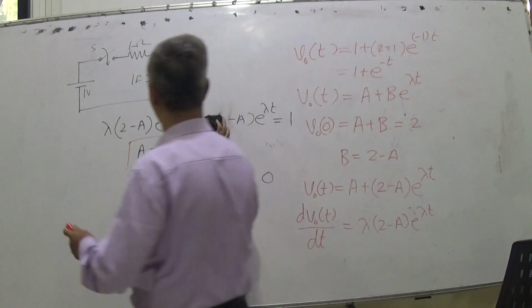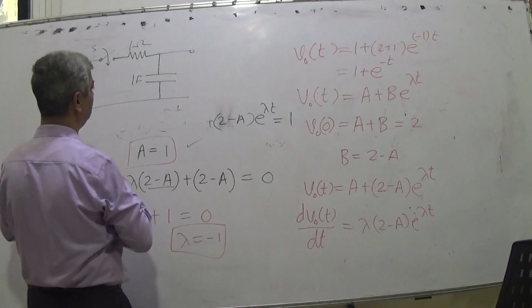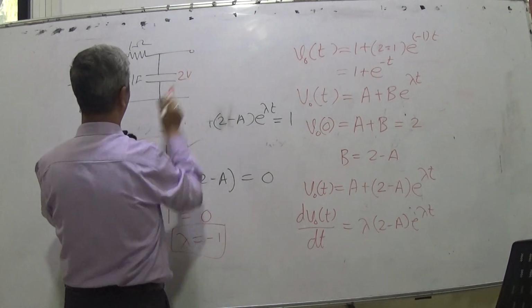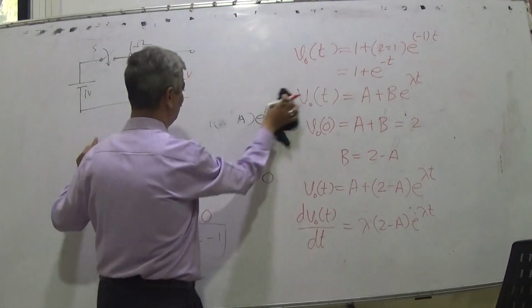And if you plot it now, VOT initially was 2 volts.